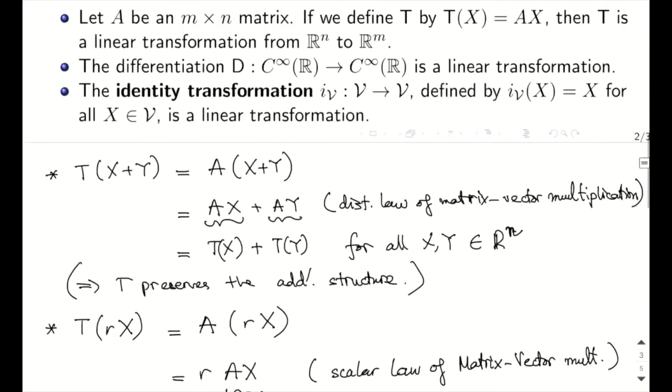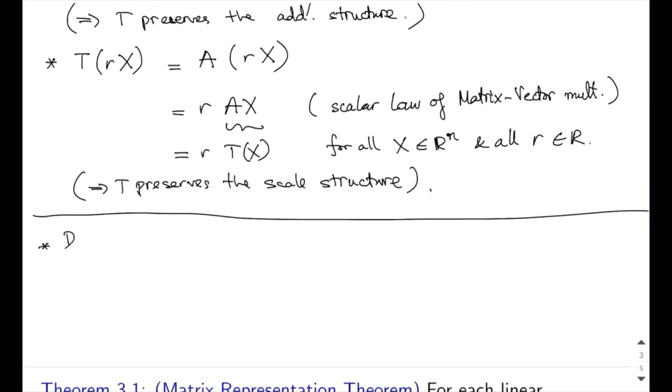Now let's consider something more abstract. The differentiation. We know that the differentiation will transform a function into its derivative. Why is the differentiation a linear transformation? You have to check D of f plus g. Then what it does is finding the derivative of f plus g.